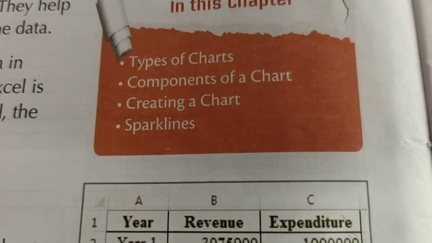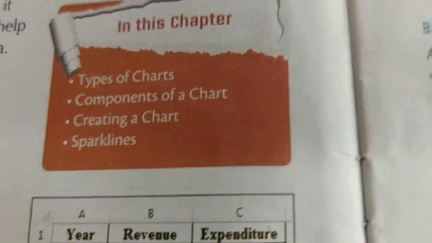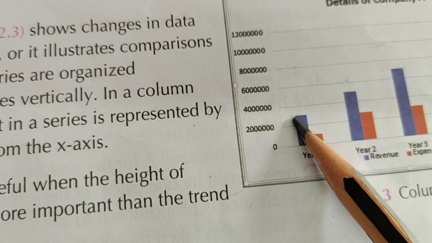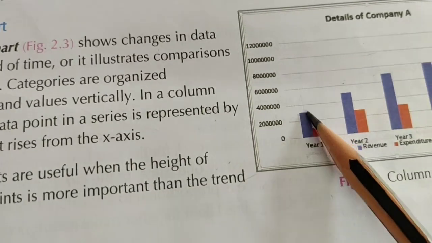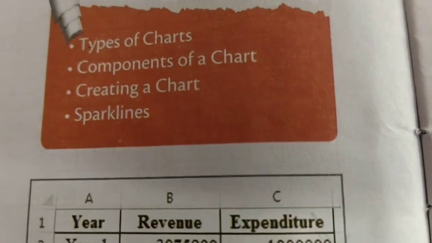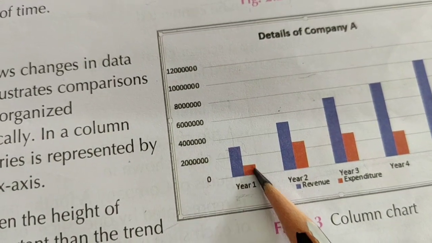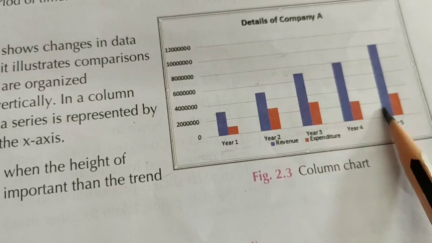Now you see this data, year 1 the revenue is 30,75,900, so 30 lakhs must be here. And year 2 is what? It is 10 lakhs, so 10 lakhs must be here. That means it represents the data on the x-axis.